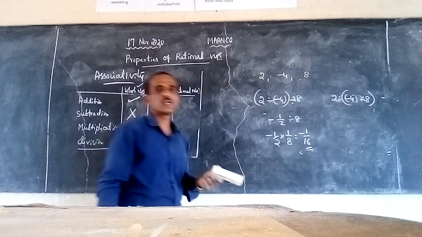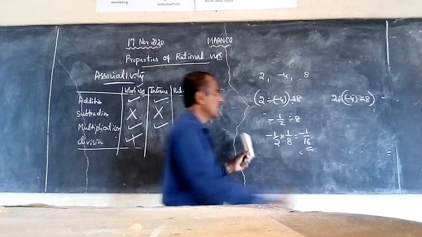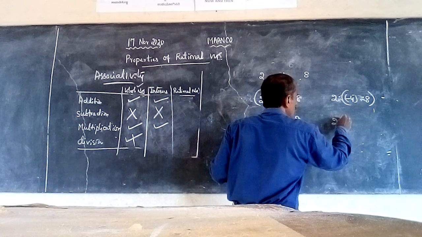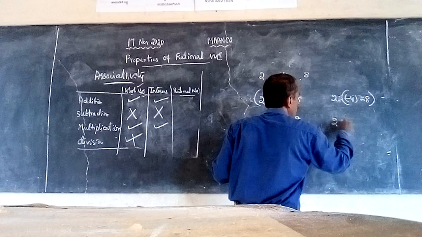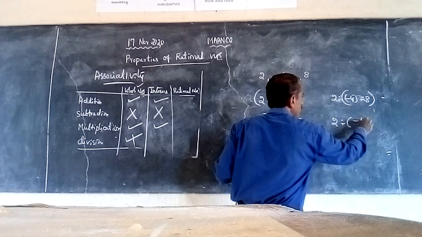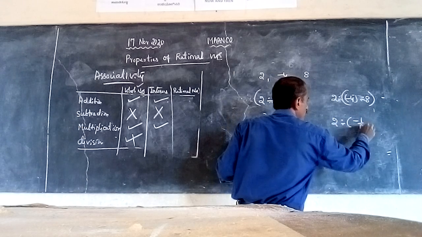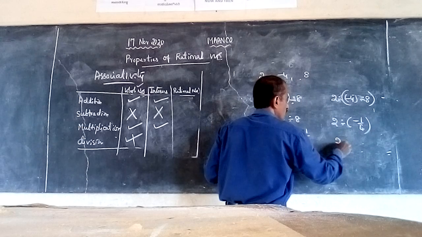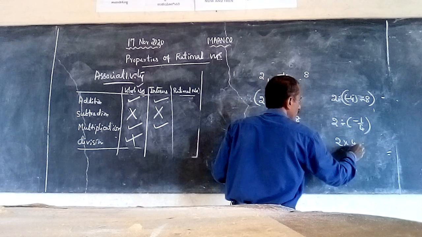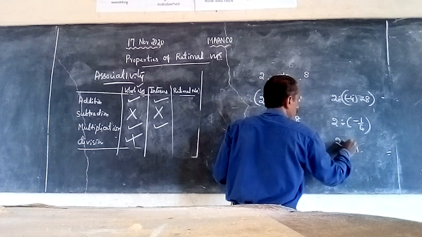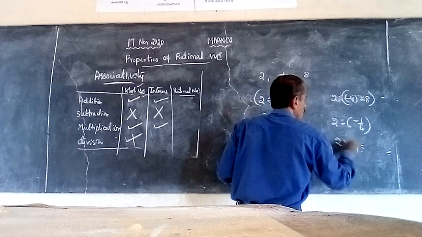Here I said it is minus 1 by 16, and here 2 divided by (minus 4 by 8), that is minus 1 by 2. So that is equal to 2 into 2 by minus 1, or minus 4. The answer is minus 4.